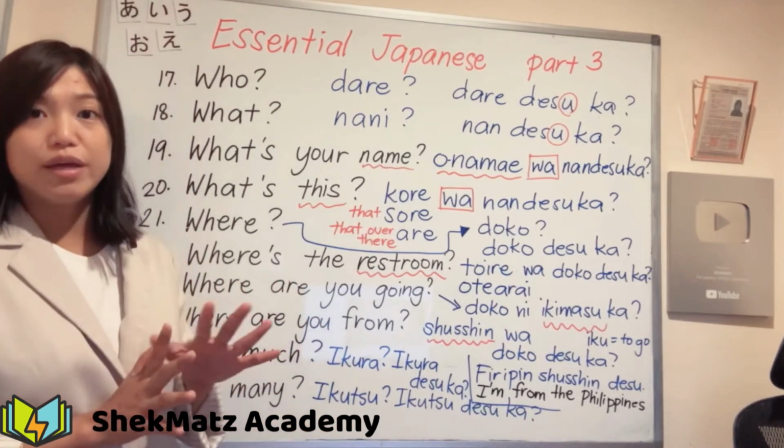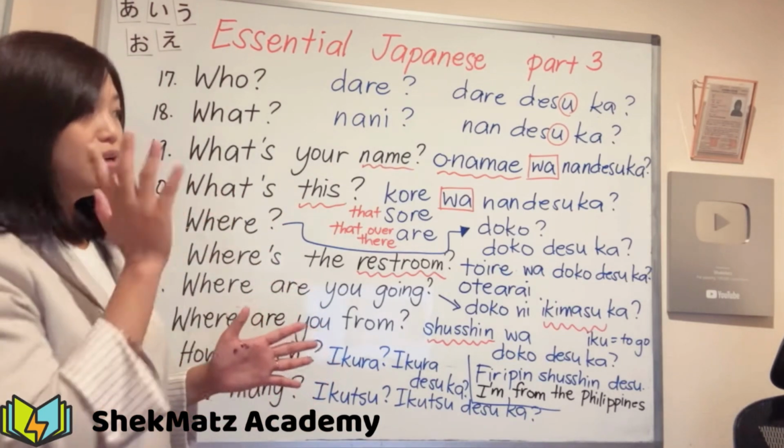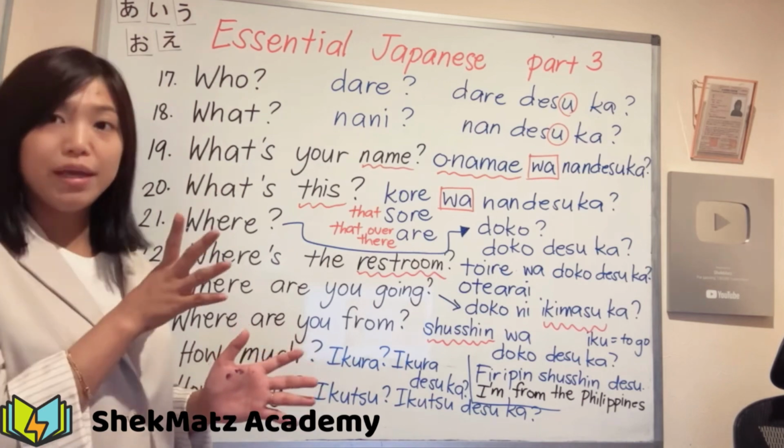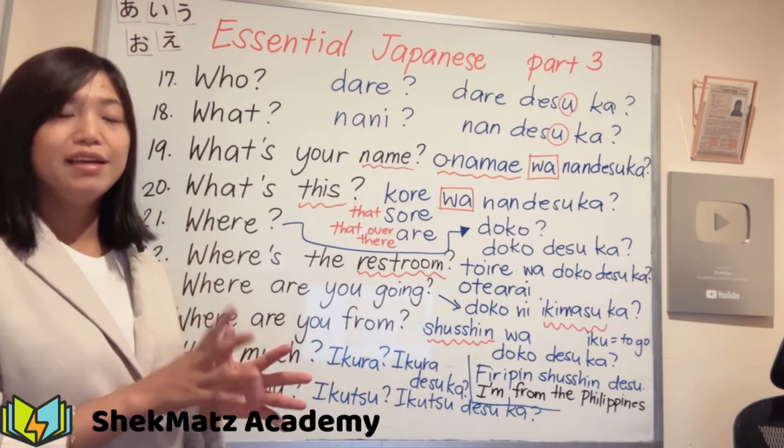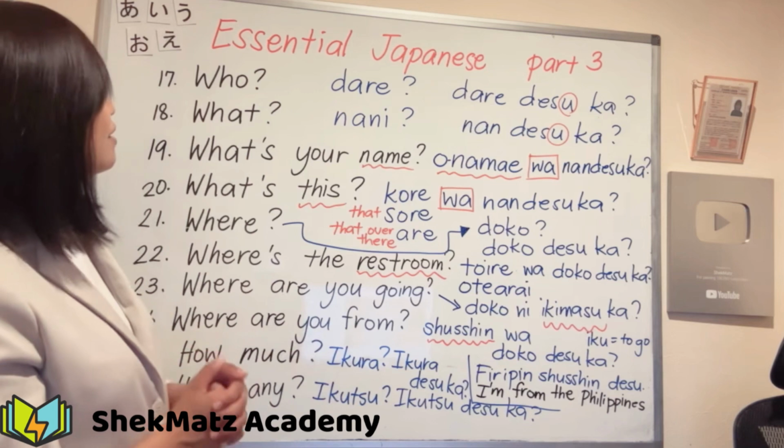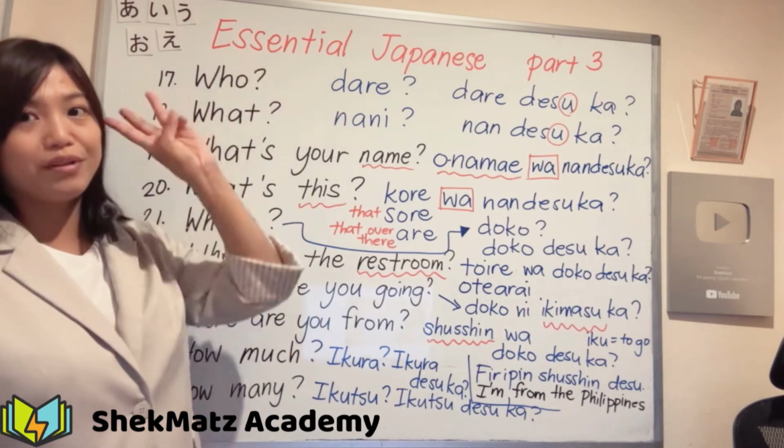Let's practice shadowing. So as soon as you hear Ryo Sensei, try to copy the pronunciation, okay, as closely as possible. Alright, we have Essential Japanese, part 3.